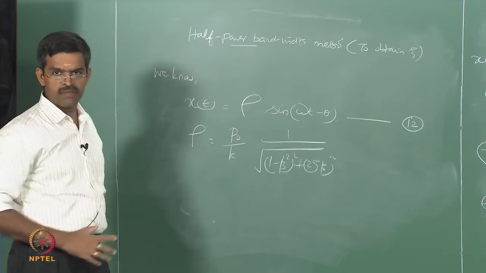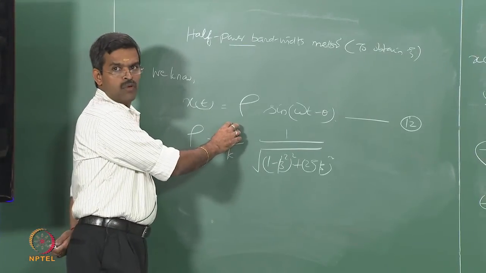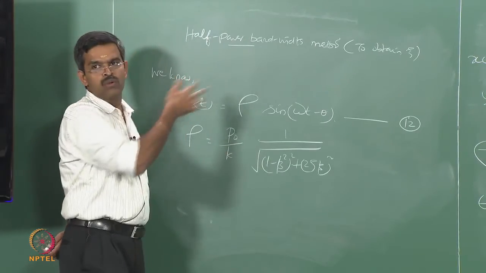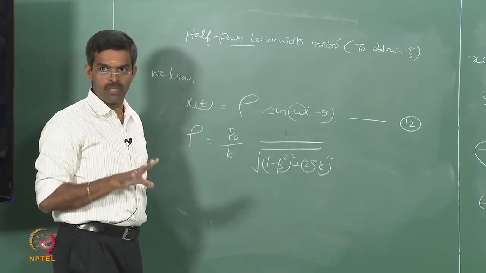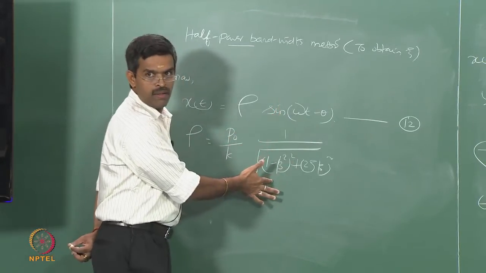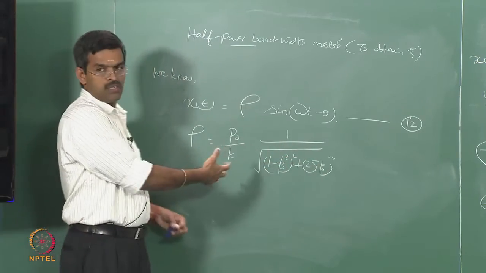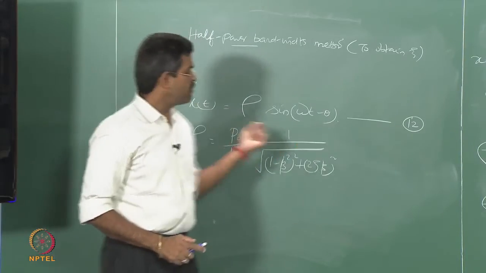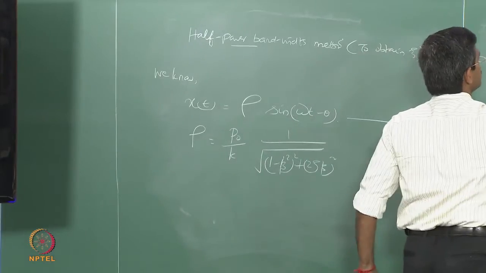That is the only variable here, because P0 is the known amplitude of the forcing function, and K is a known value because M and K are known to me. Beta is the ratio of omega to omega n, and omega n is known to me. For every value of omega, I know beta. I select the zeta which I want, but in this case I do not know it. Therefore, I plot this for different ratios and get a plot like this.